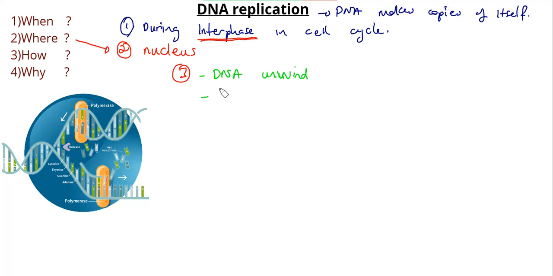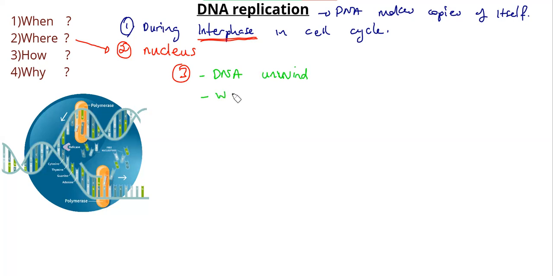Then the second thing that needs to happen: you can see that the bases are linked together by weak hydrogen bonds. Now it's straight. It unwound, but we still have two strands attached to each other.